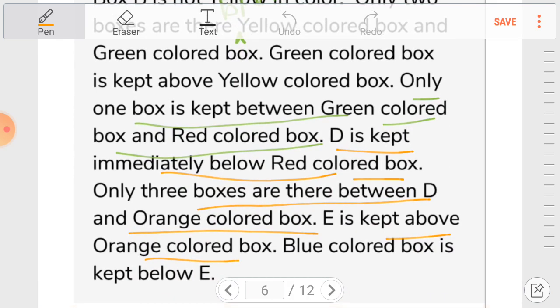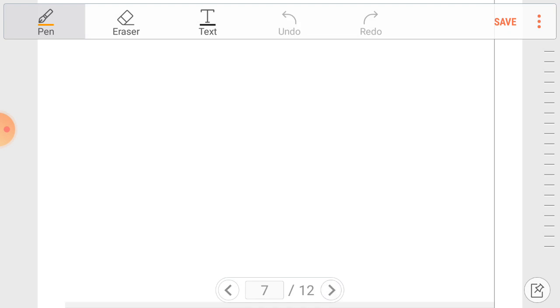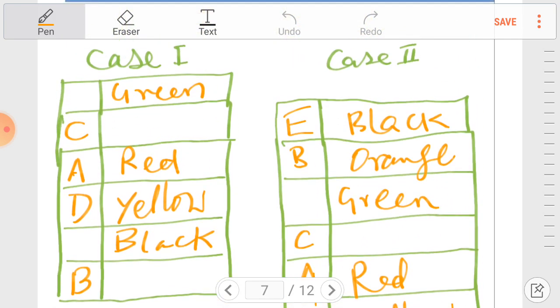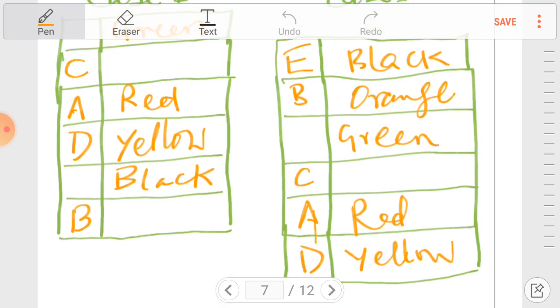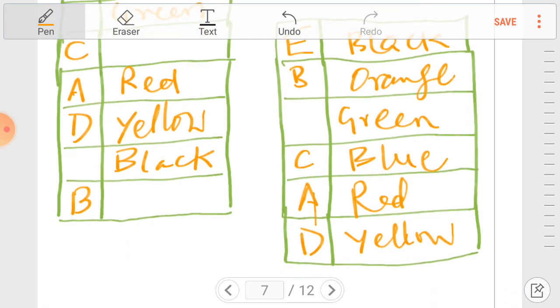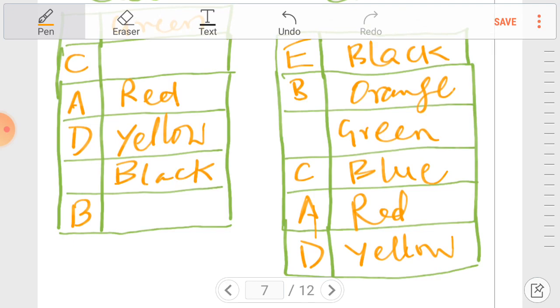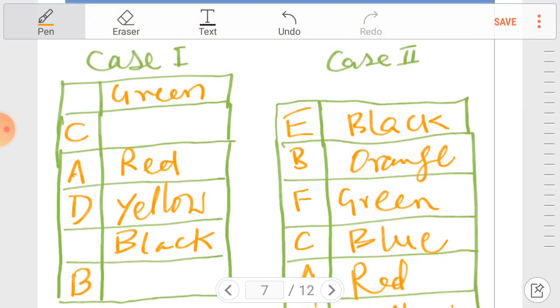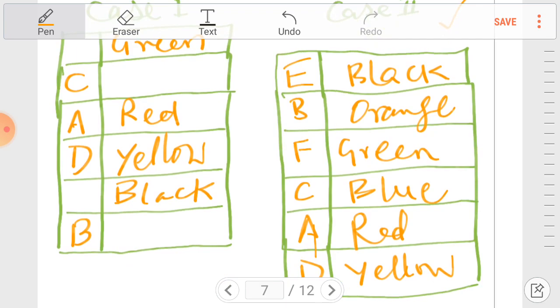And the last statement is the blue colored box is kept below E. So below E there is only one block left, so the blue color box is kept below E. And which box is left? F block is left here. So this is the complete arrangement of the given statements.